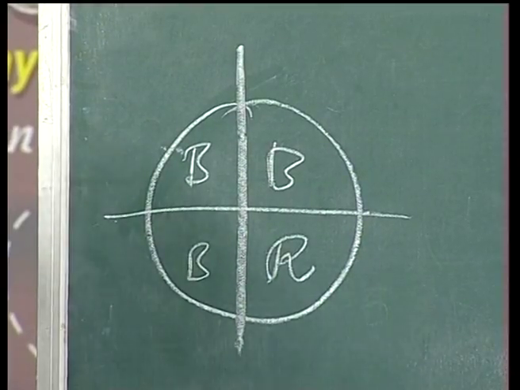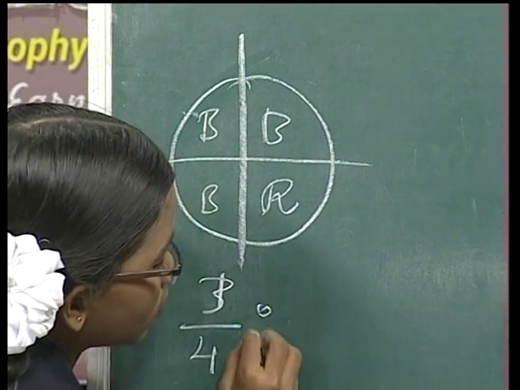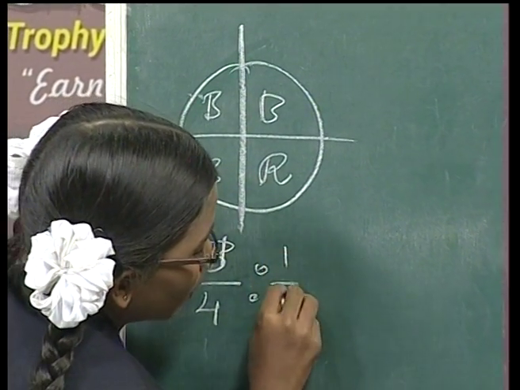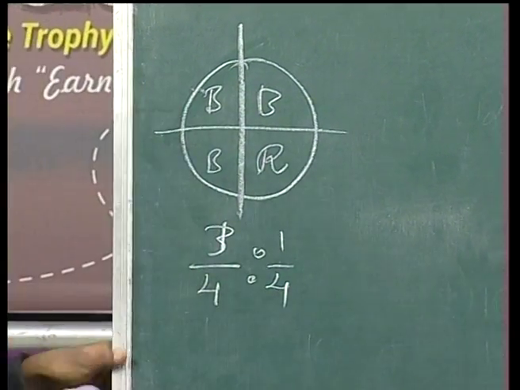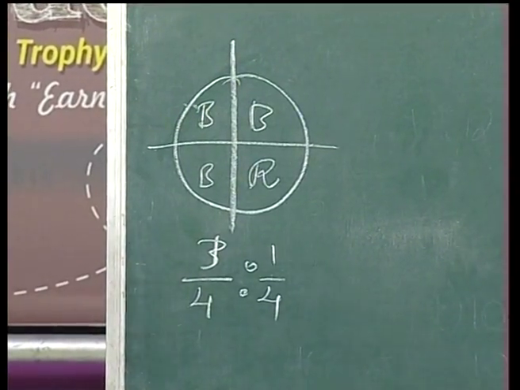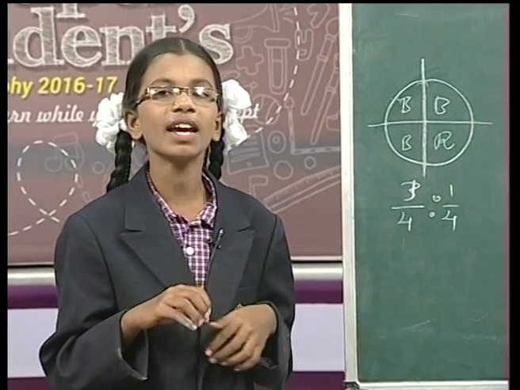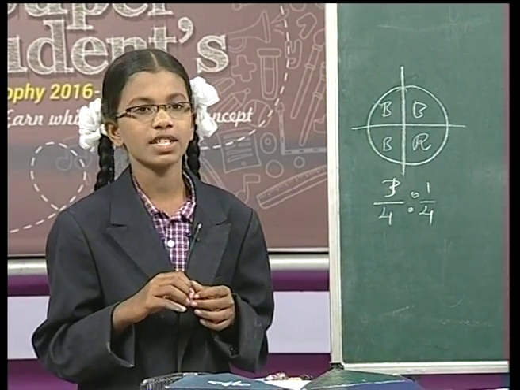Yes, here 3 by 4 is blue and 1 by 4 is red. Friends, what is this? Yes, this is a fraction. This is a whole to part fraction.